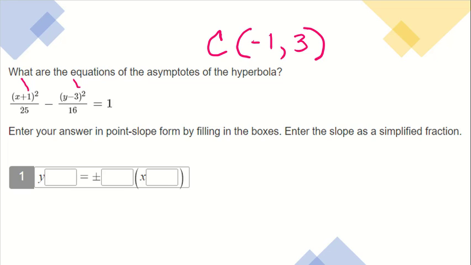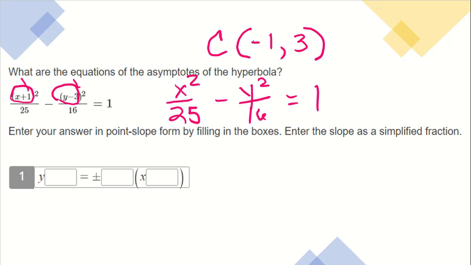All right, now if you look here, we have a number with x and with y. So we can see that if we had x squared over 25 minus y squared over 16 equals 1, we would know that this is at the origin. The center is at 0, 0.